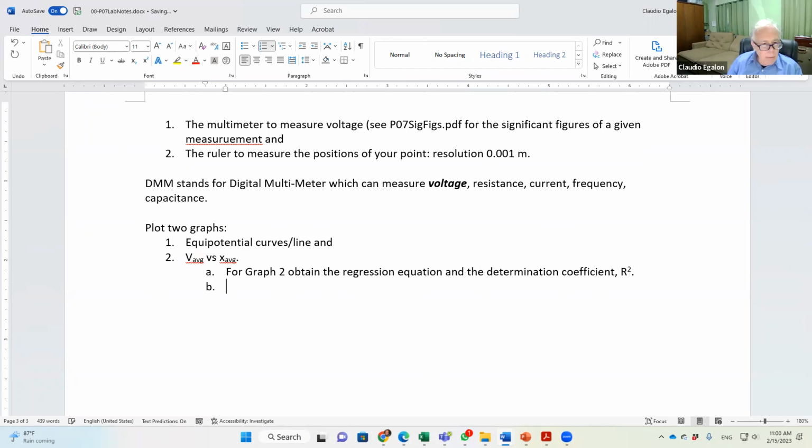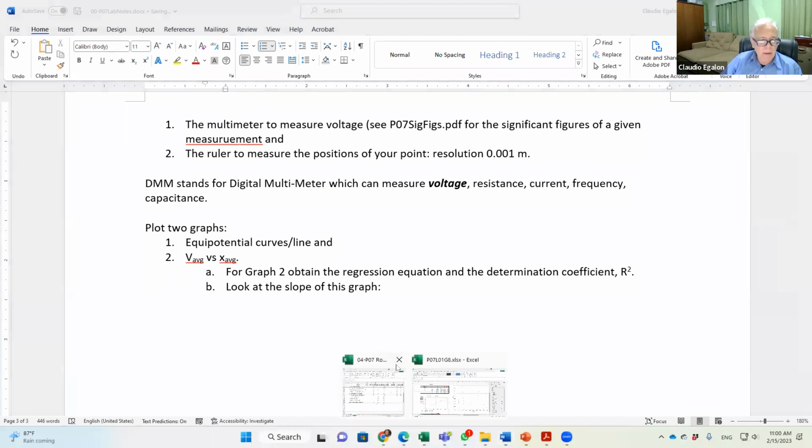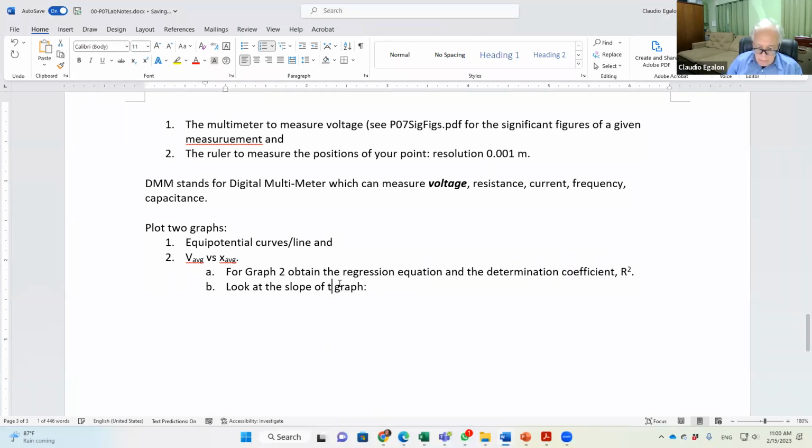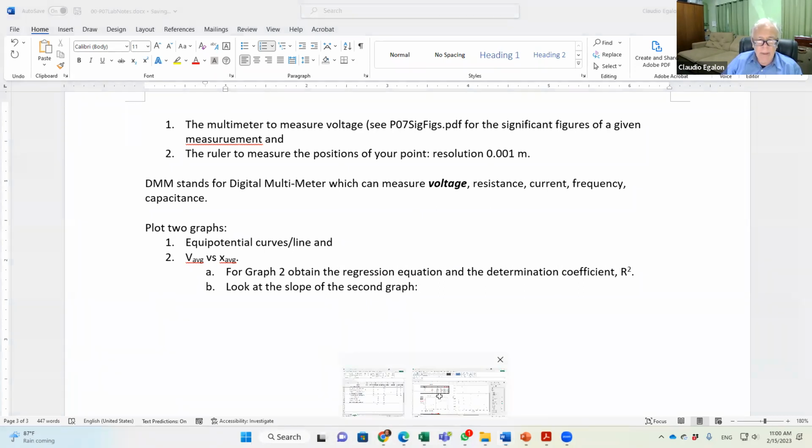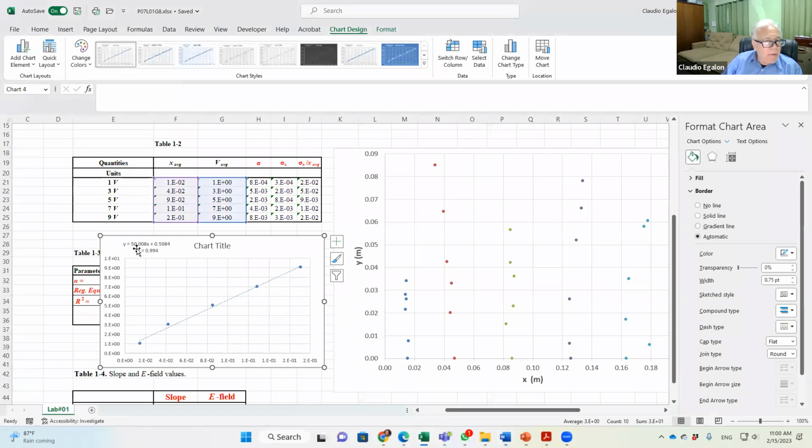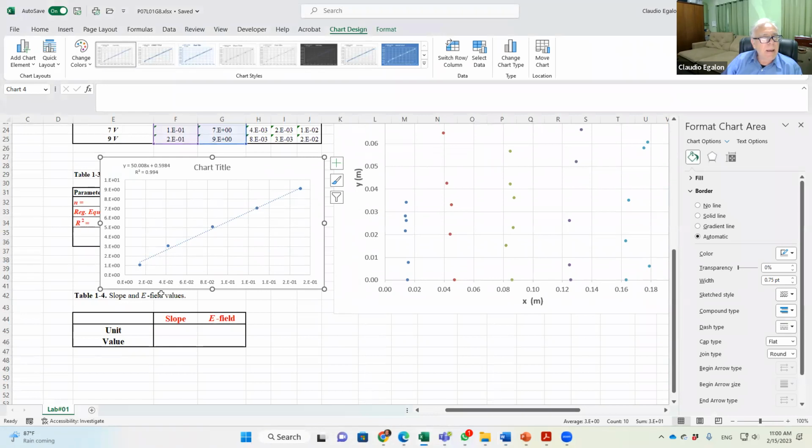Now I want you to look at the slope of the second graph. In my case, the slope is 50. But it's not just 50, remember?